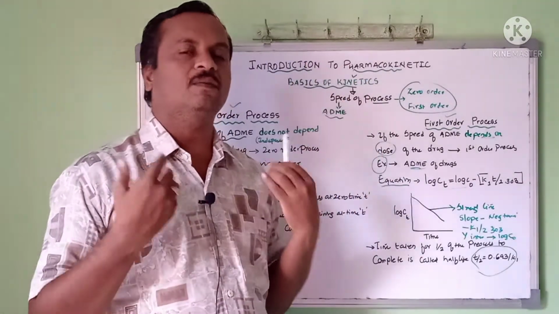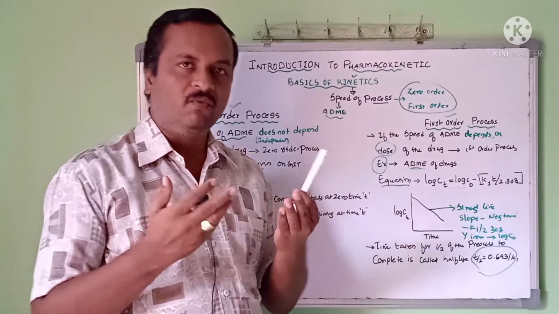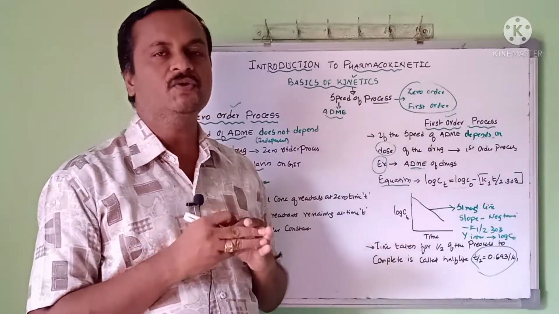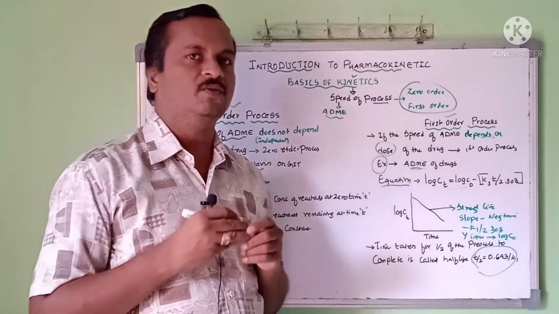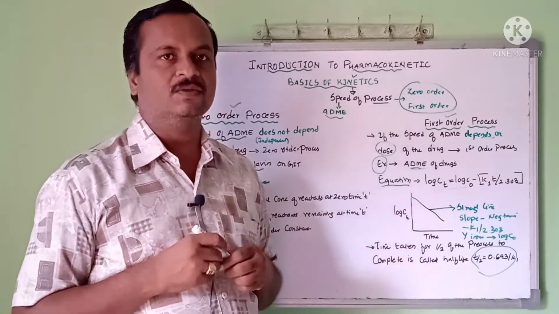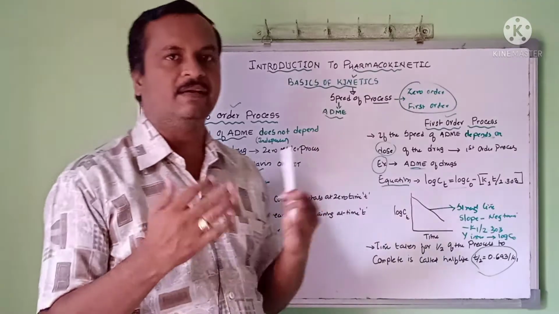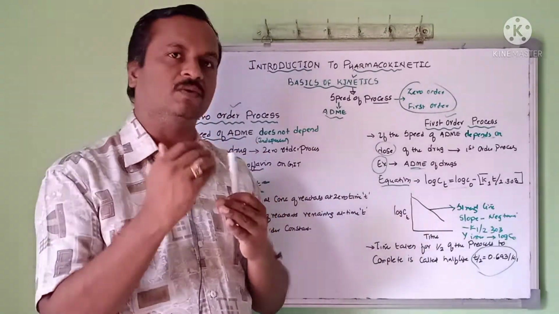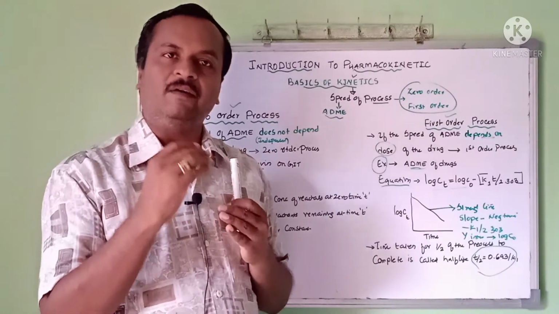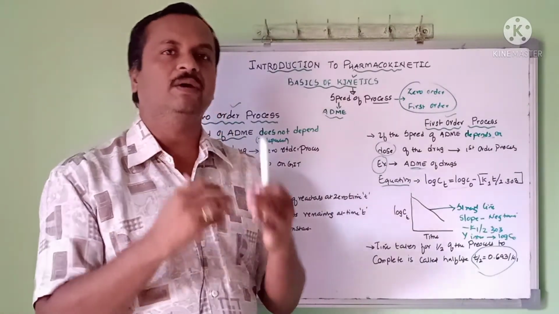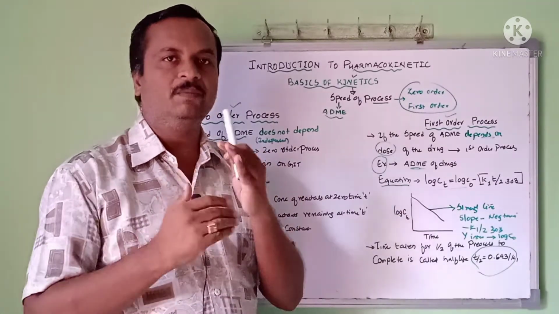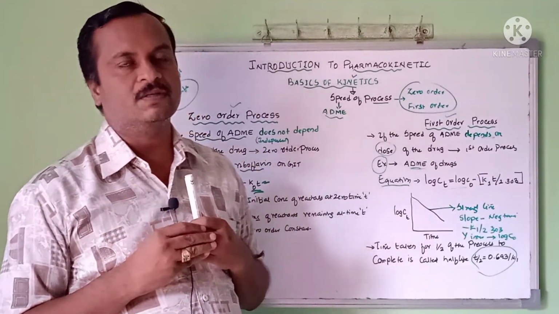If you study pharmacokinetics properly, you will know what dose to fix for the individual, along with the frequency. Paracetamol has a half life of 4 hours, so after the first dose, after 4 or 5 hours we have to give one more dose so that the required concentration is maintained for the required pharmacological action.